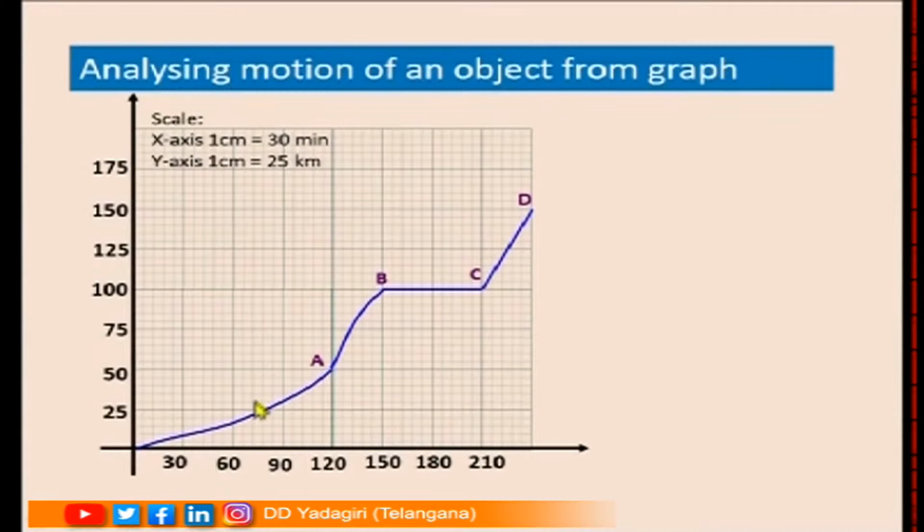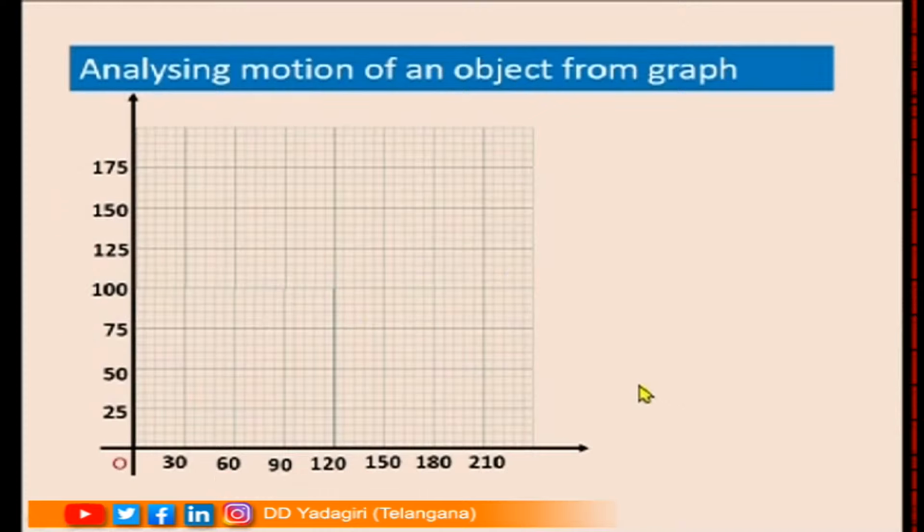Here the graph is given like this. Along the x-axis each unit is taken as 30 minutes, and along the y-axis each unit is taken as 25 kilometers. Observe this graph and try to analyze it. How to analyze? Again I am drawing this graph.